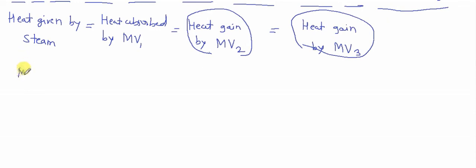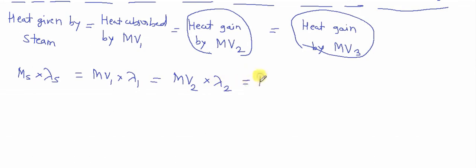So heat given by steam will be mS into lambda S, that is equal to heat absorbed by this vapor 1, that will be mV1 into lambda 1, that is equal to the mass flow rate generated in the second effect, mV2 into lambda 2, and that is equal to mV3 into lambda 3.